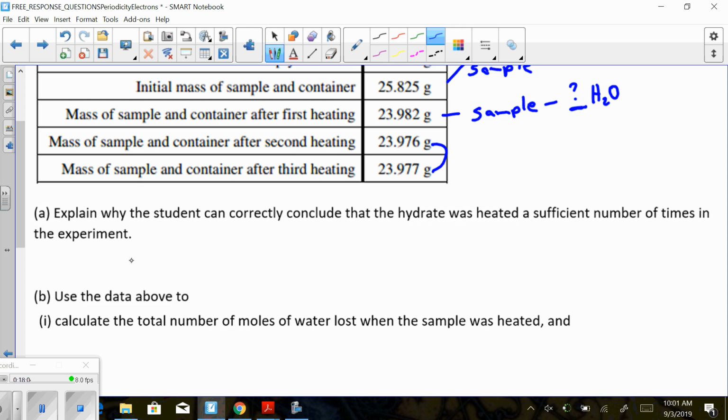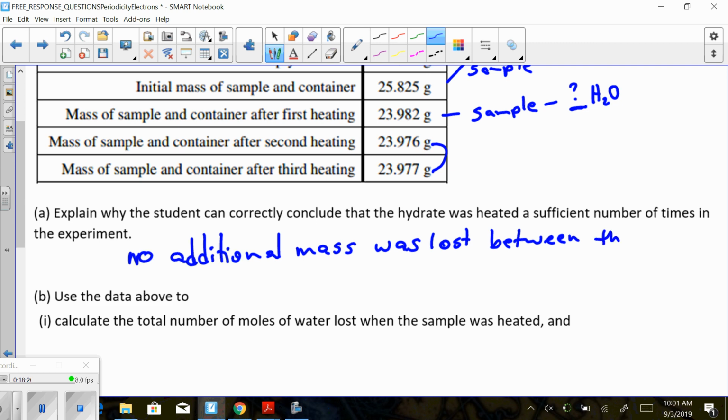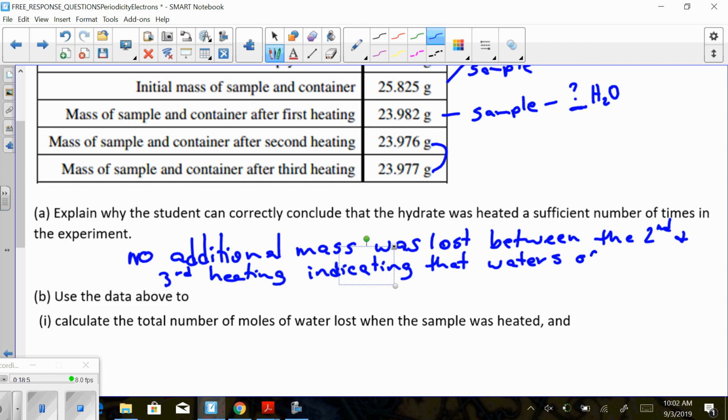To answer this question, we're going to say that no additional mass was lost between the second and third heating, indicating that our waters of hydration had been driven off, are gone.